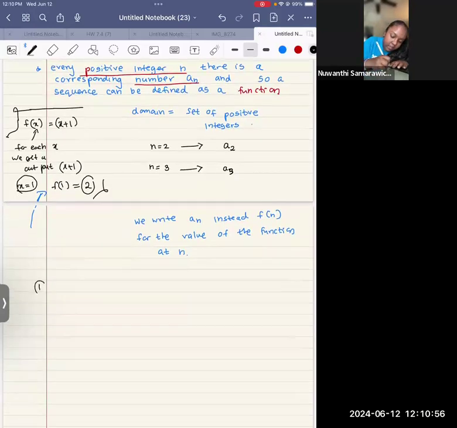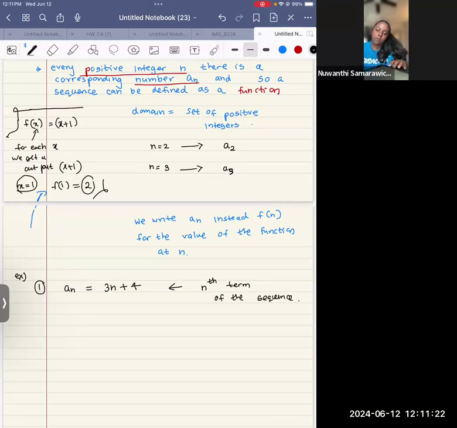So let's see an example. A sub n is equal to 3n plus 4. So this is a function, and in the sequence, this is called the nth term of the sequence.